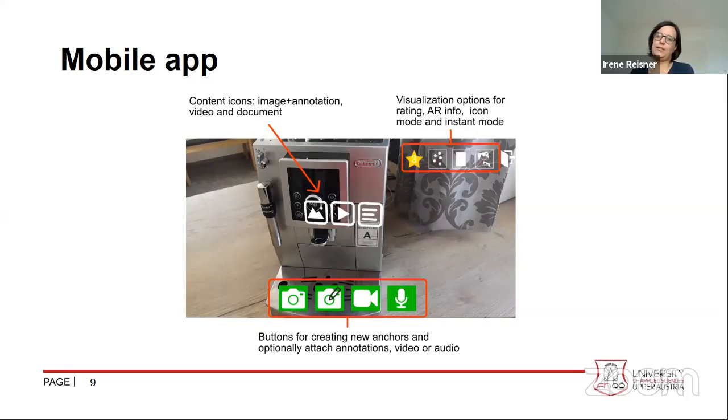Then the icons in the center of the image indicate that here is an anchor, and in this case, there is an image, a video, and a document attached to the anchor. And the green buttons are used for creating new anchors. And there are multiple buttons because we can attach annotations, video, or audio.